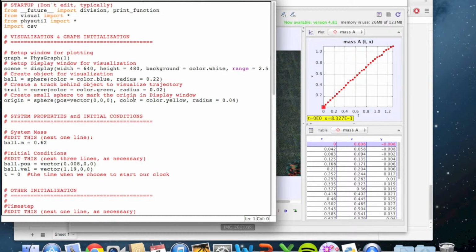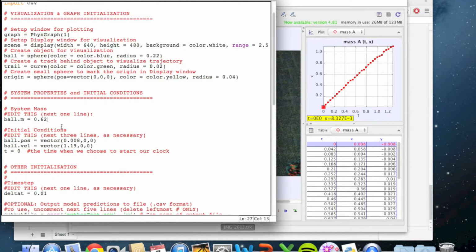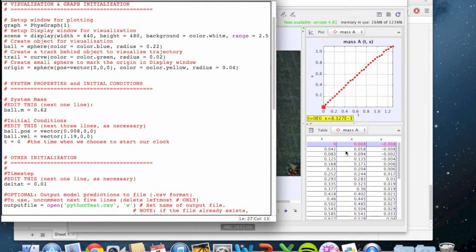And the code is in VPython. And so I weighed the ball, or more or less, I looked up the weight of a normal basketball and used that as my weight. I put the initial X position, and for the position vector, I put the initial velocity that you calculated from the change in distance over the change in time, which ended up being 1.19, and the ball velocity vector, which was the initial vector, and then the initial time was 0.